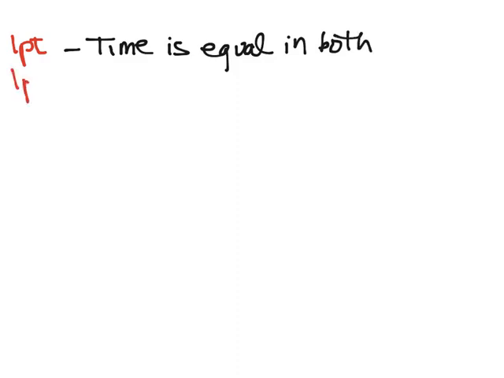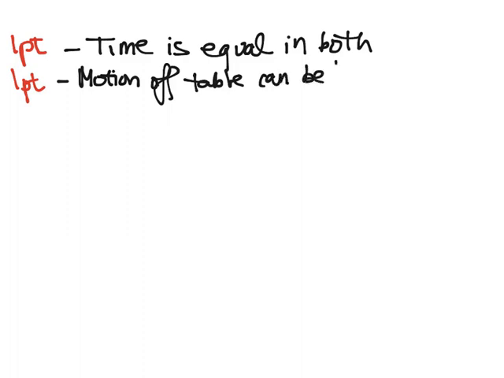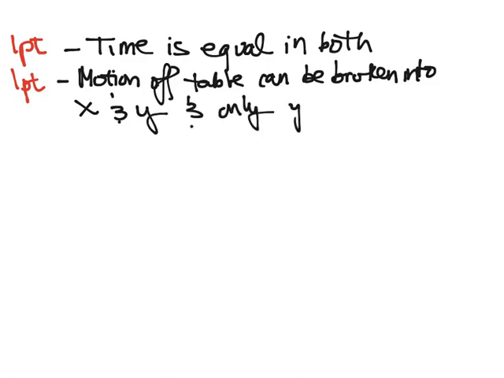Okay, you get 1 point for saying that the motion off the table can be broken up into x and y. And only y is necessary to solve for t.